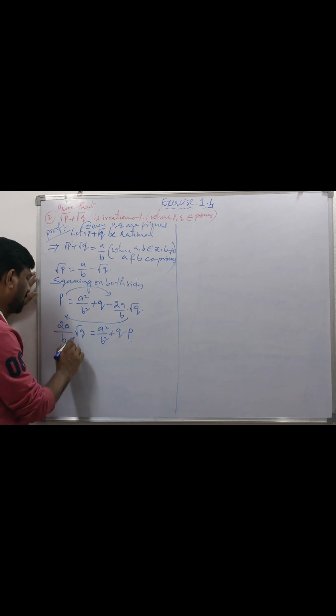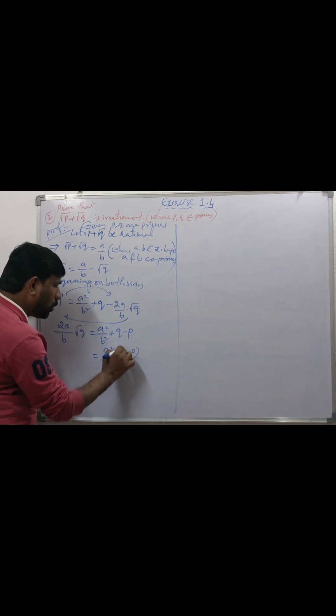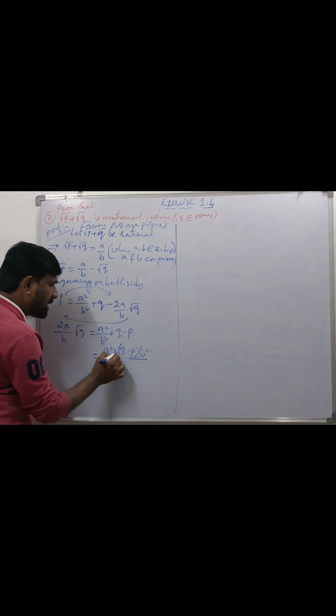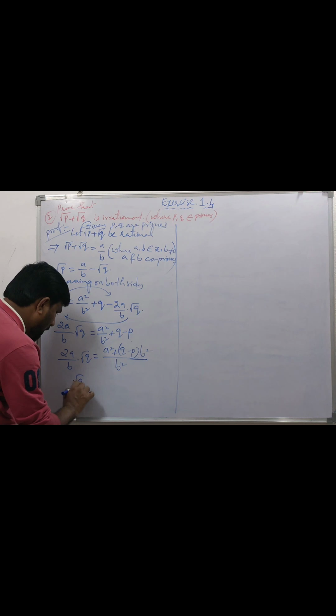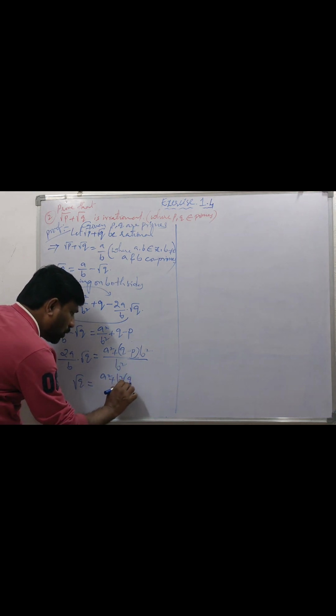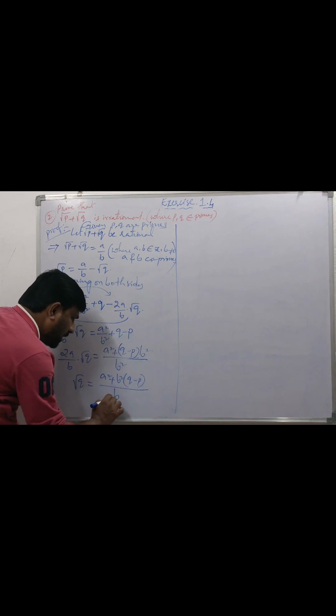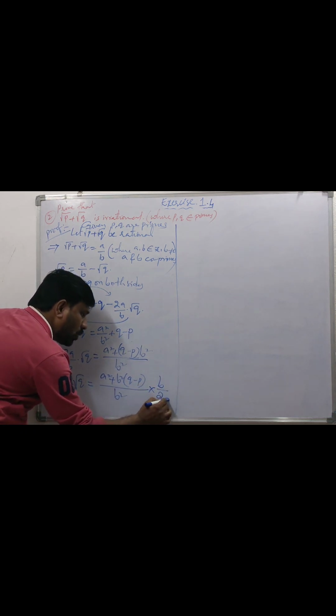Now take the LCM on the RHS side: b square. This is a square plus q minus p into b square. If you take the LCM, you will get this. This is 2a by b into root q. Now root q, if you write here, will be a square plus b square into q minus p, by b square. If you send this 2a by b to the RHS, that becomes b by 2a.